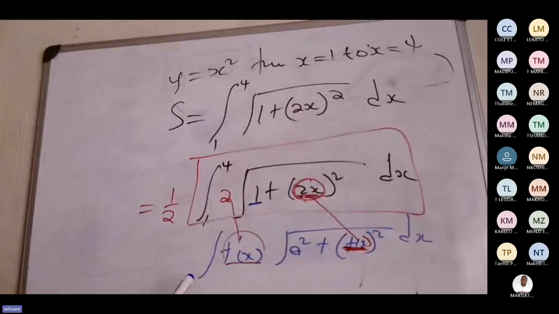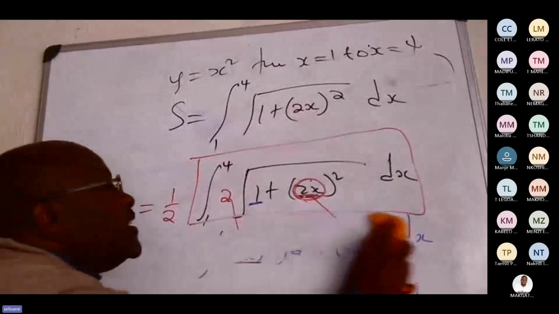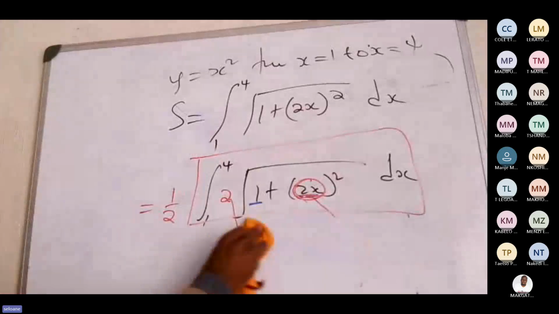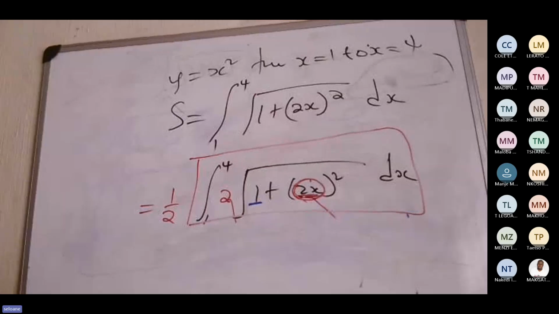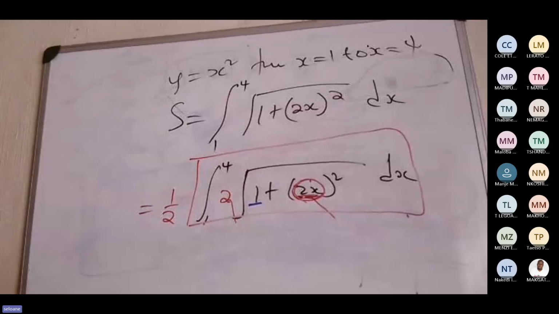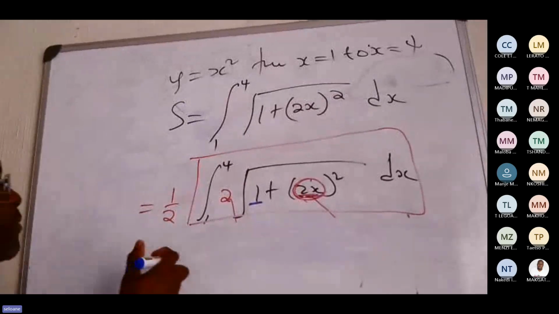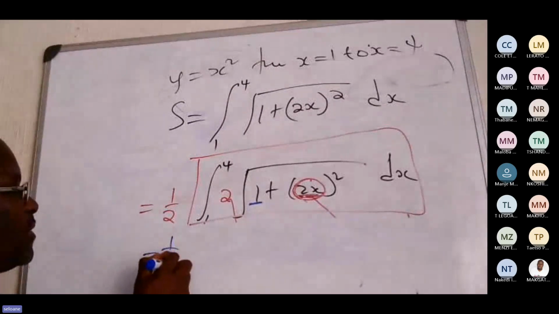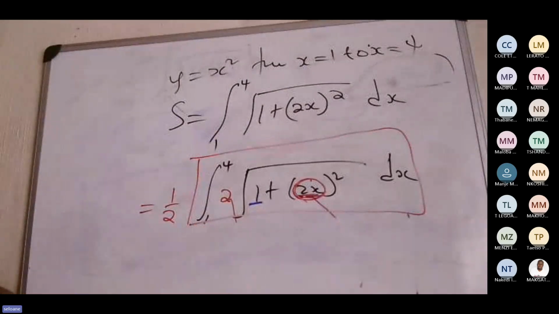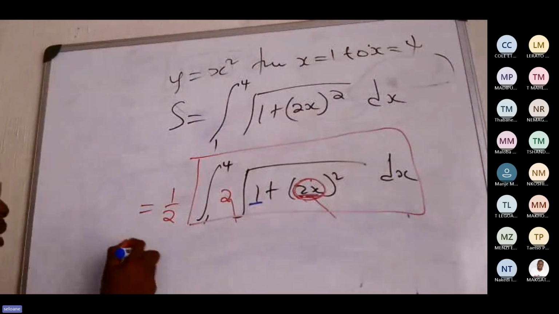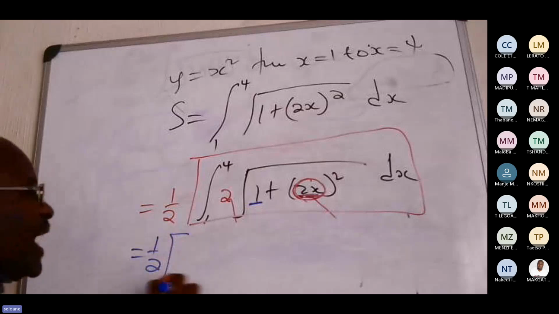Any question? So which rule is this now, the one that we have just used here? I'm not sure what it is in your booklet. Let me just write the formula. You will substitute, but don't forget, the half is outside.